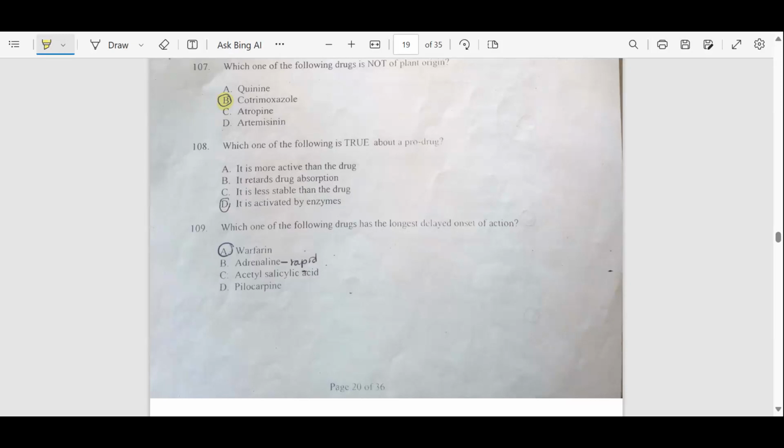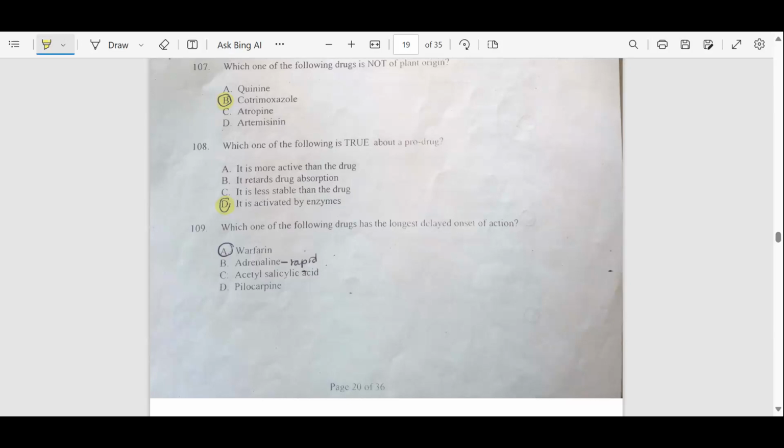Number 108, which of the following is true about a prodrug? It is more active than the drug. It retards drug absorption. It is less stable than the drug. It is activated by enzymes. So I'll go with D, it is activated by enzymes. Anyone of a different opinion?